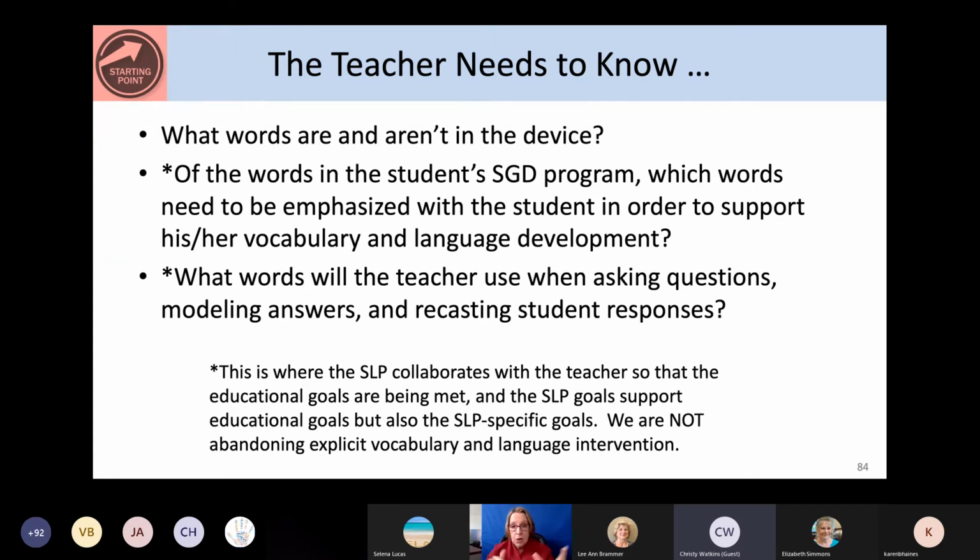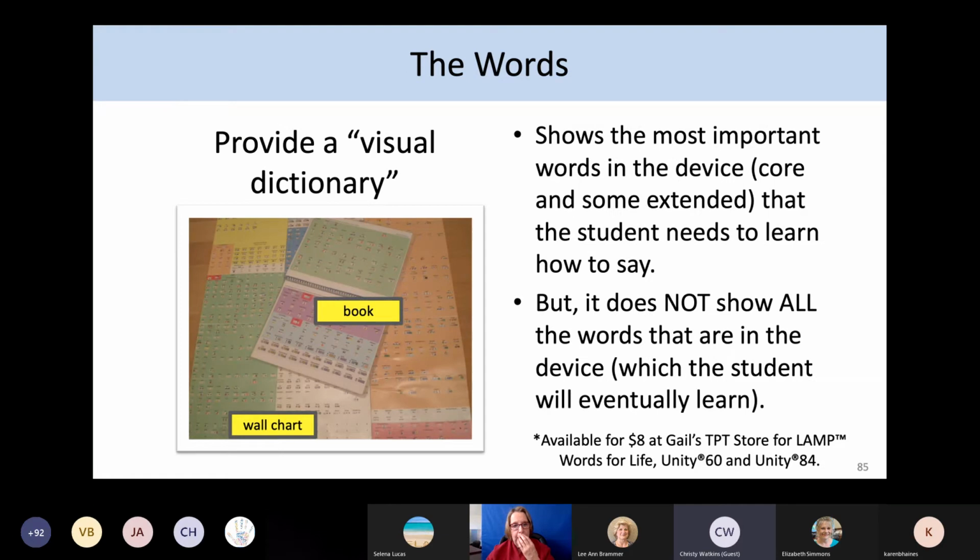She's going to use whatever word she needs to do her lesson. That means I, as a speech pathologist, will not abandon explicit vocabulary and language intervention. It means she might use a smattering of adjectives, but I know when I've got that kid on one-on-one, I'm going to make sure he's learned all those adjectives. So we have our different strategies to approach teaching this bulk of core vocabulary.